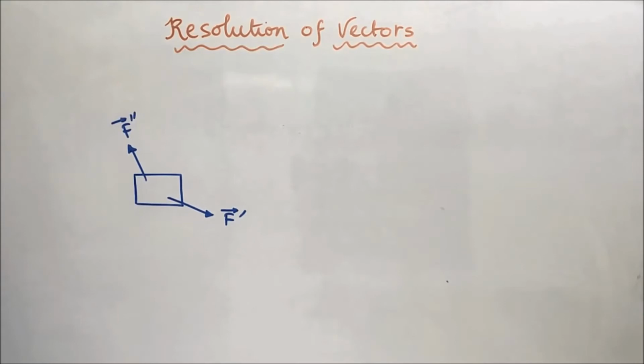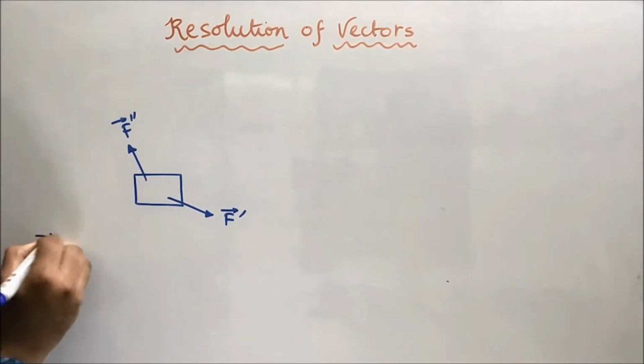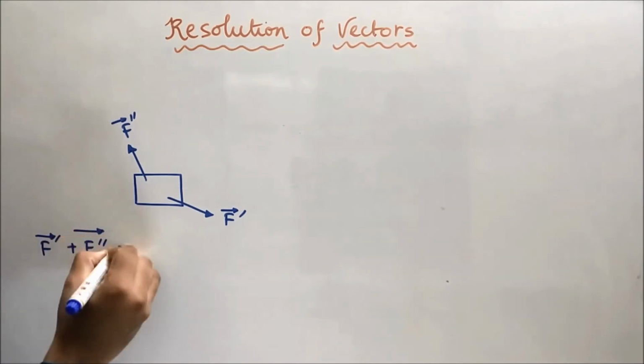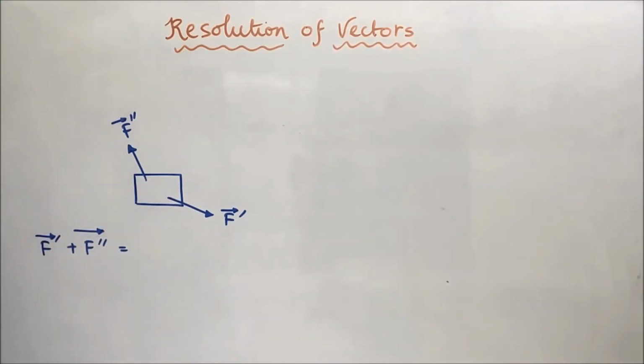How to get the effective force? We need to do the vector sum of the two vectors, that is F dash and F double dash. How to do vector sum? We'll be discussing that in future videos.